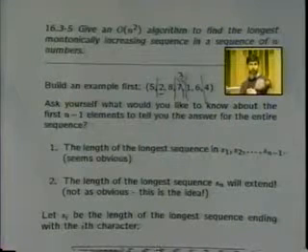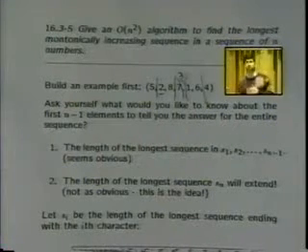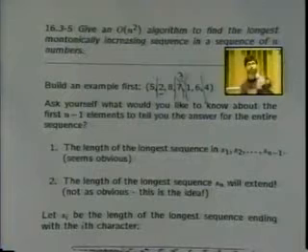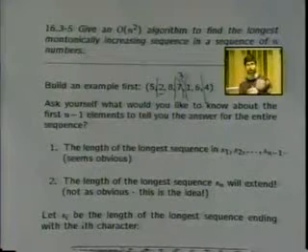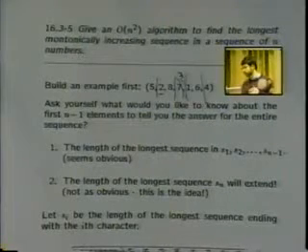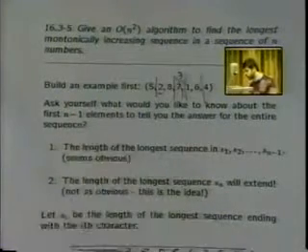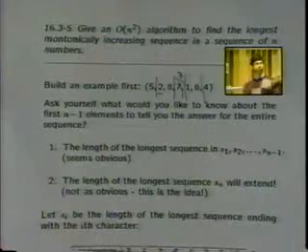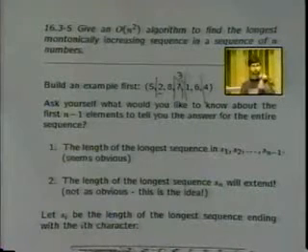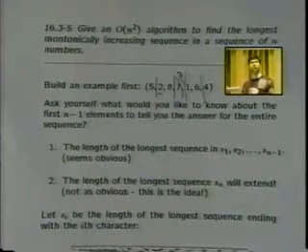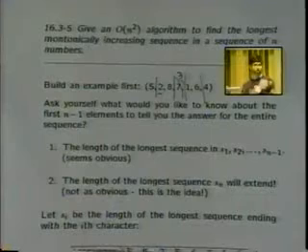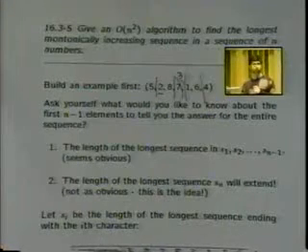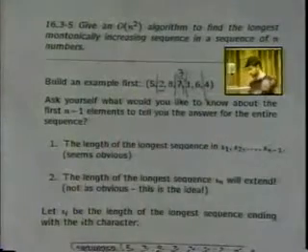Okay? Now, the way that you would use something like this, try to solve this in dynamic programming, when I try to formulate a dynamic programming algorithm, what I usually ask myself is, what would I like to know about the first n-1 elements, such that I could use that information to figure out the ultimate answer for all n elements? Okay? So what would I like to know about the longest increasing sequences?